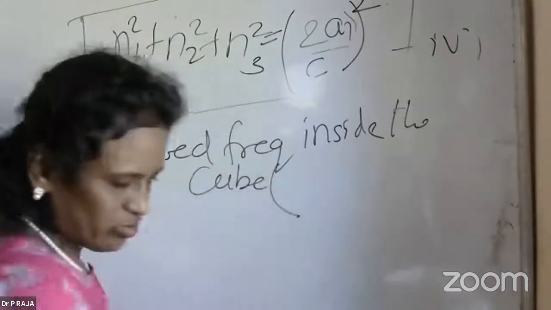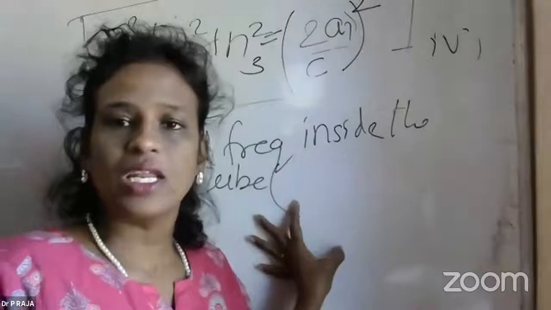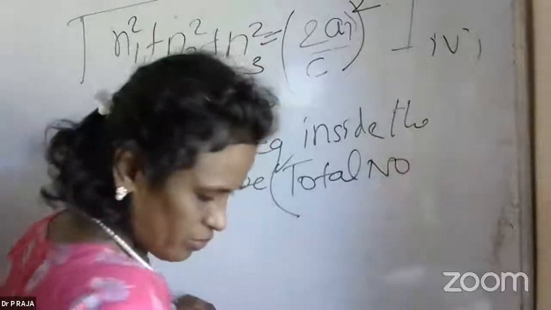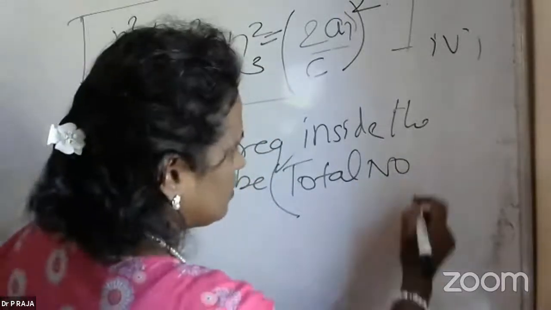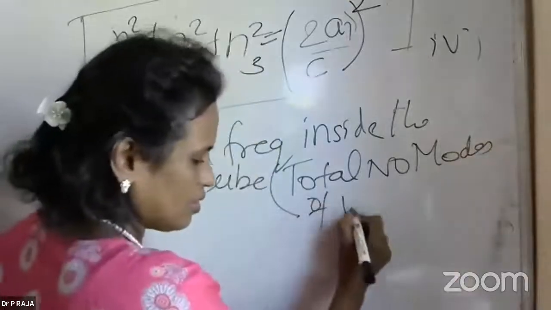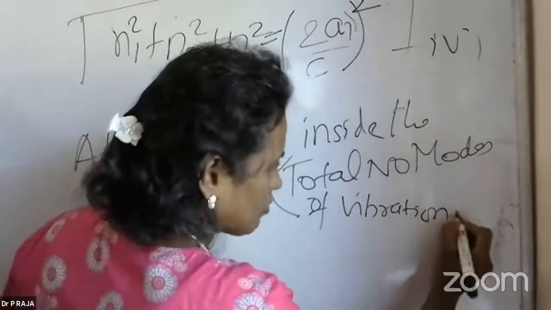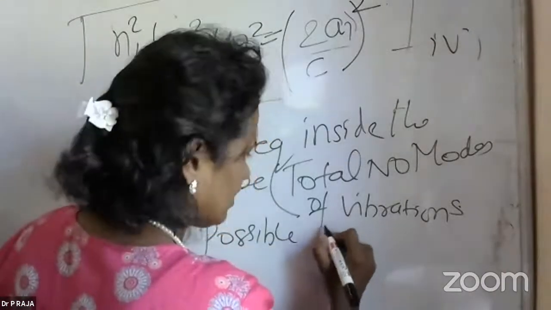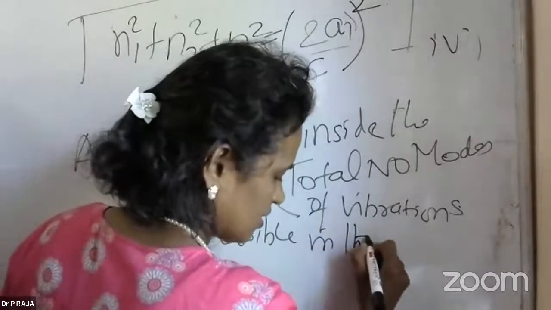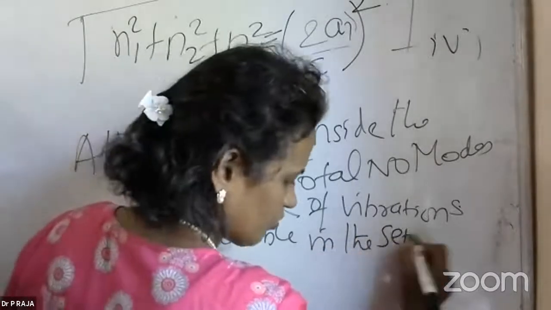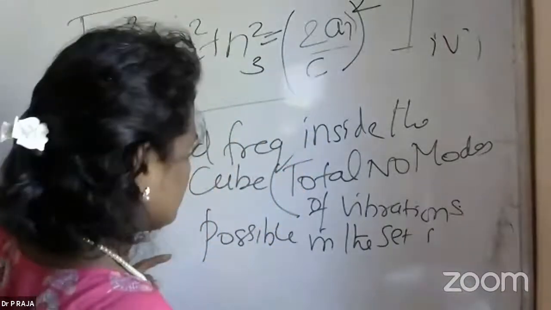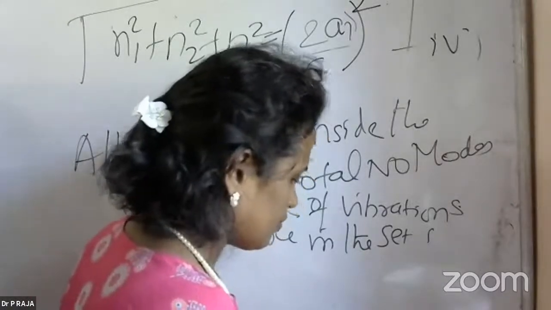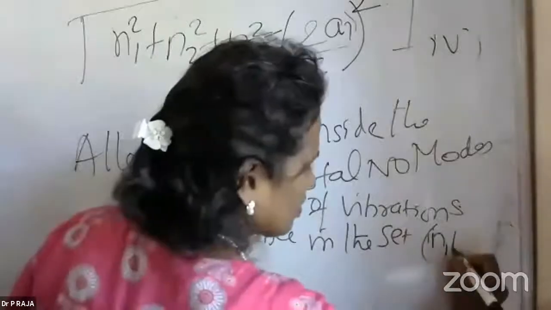This can also be called the total number of modes of vibration possible, in the set of vibrations that are possible. I can put it as n1, n2, n3.